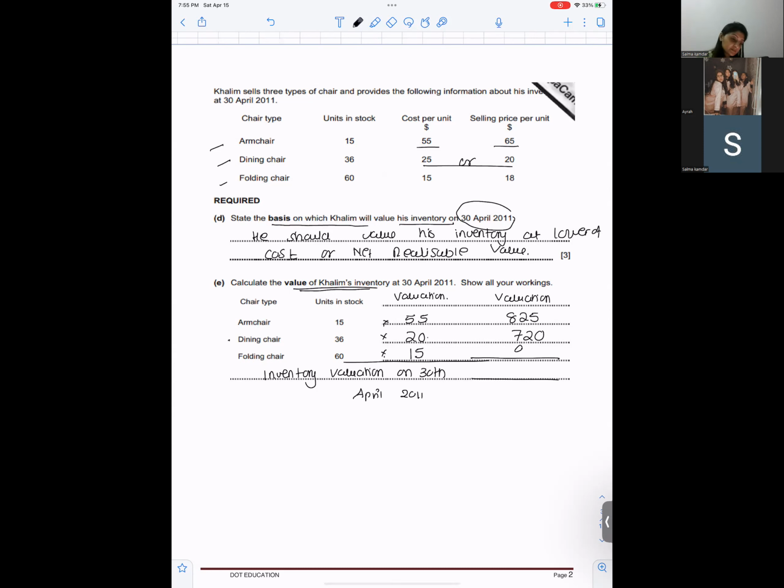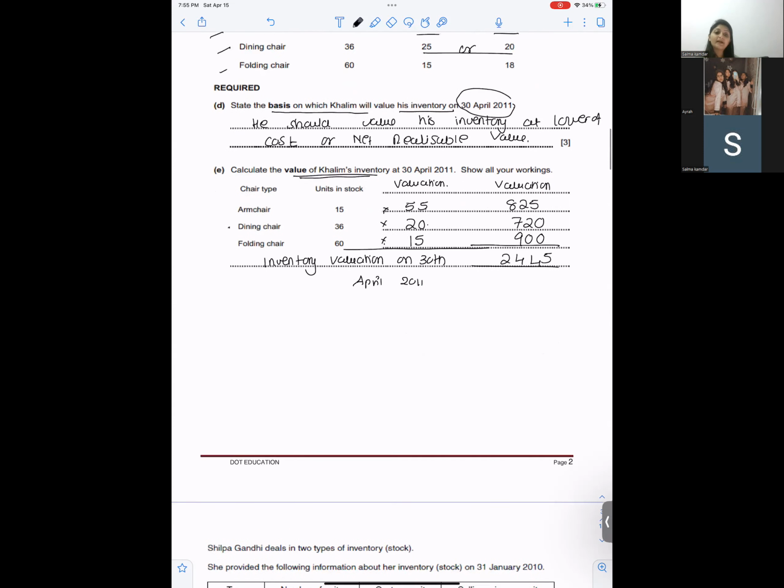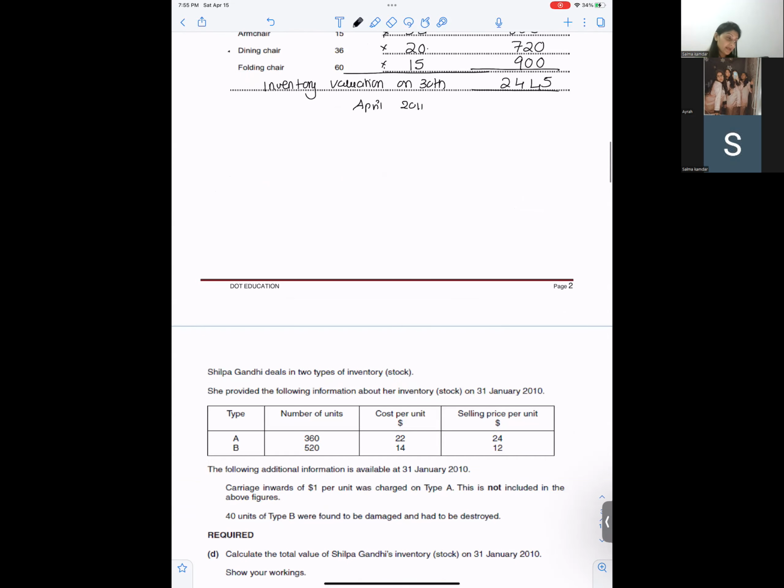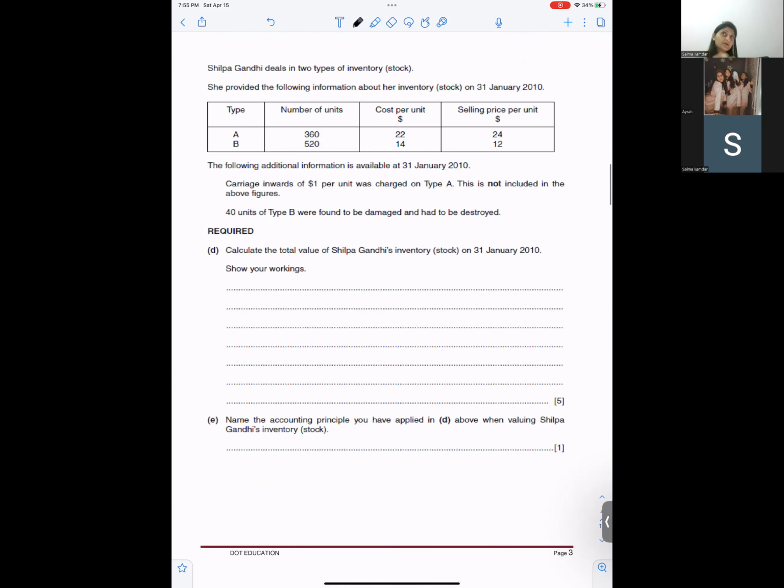So the total will be 2445. So this is your inventory valuation, and you will get sums like this. If they want to complicate the sums, they will give you carriage inwards and selling expenses, so you have to determine the correct valuation of inventory.